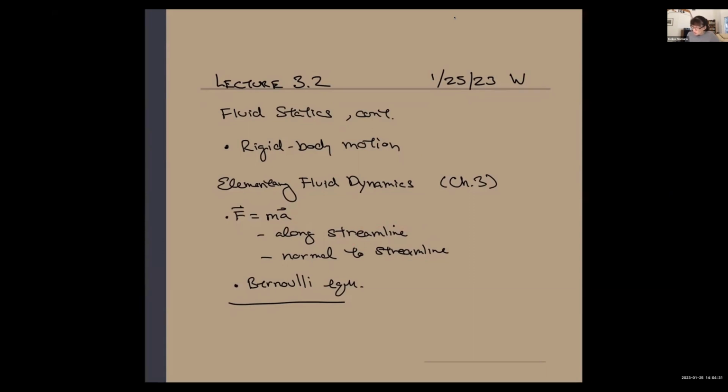And so we're going to develop the equation along streamline and then in the normal direction. And then using this equation here will allow us to develop the so-called Bernoulli equation. And then we can do some very simple basic analysis of fluid dynamics using that.